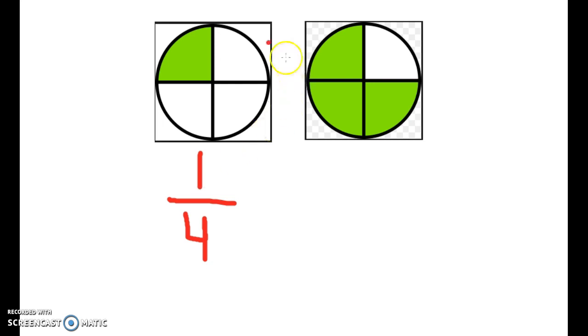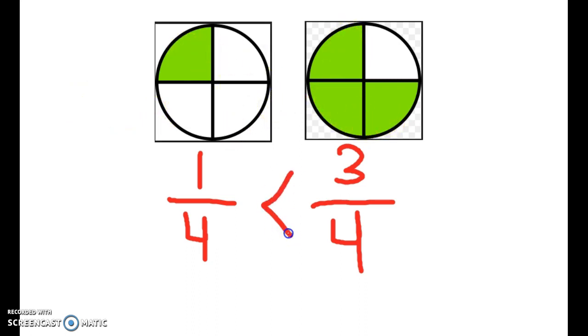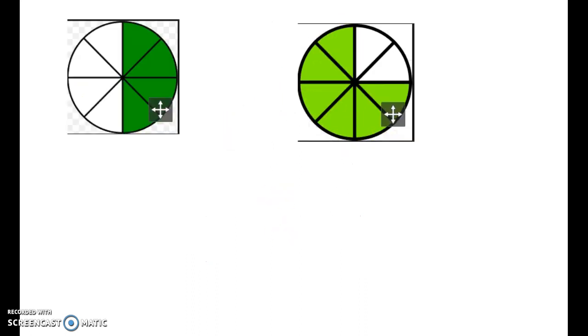Looking to my next whole, it's also cut into 4 pieces, making my denominator 4, and 3 are shaded. If I look at this picture, it's very easy for me to tell that 3/4 is larger than 1/4. In this next example, we're going to compare these two fractions.